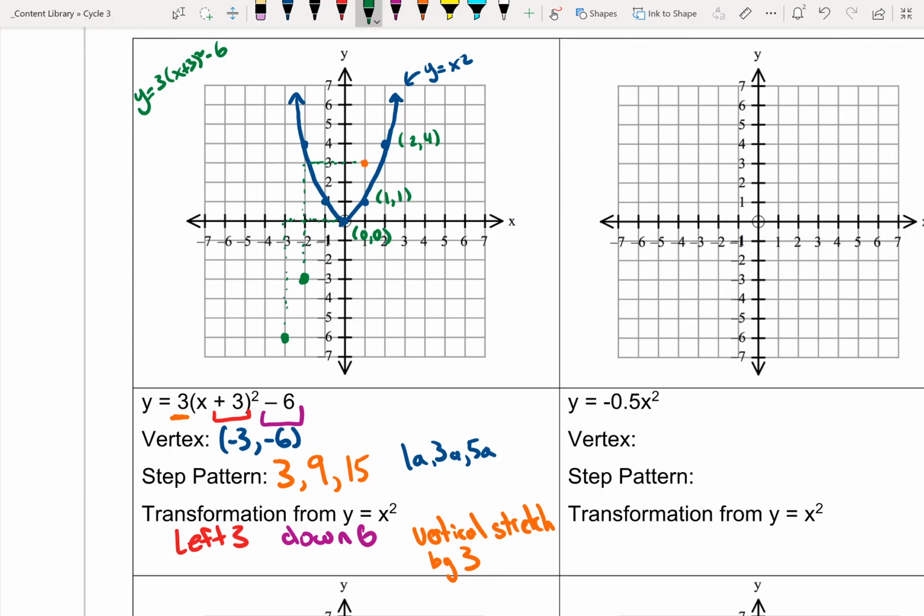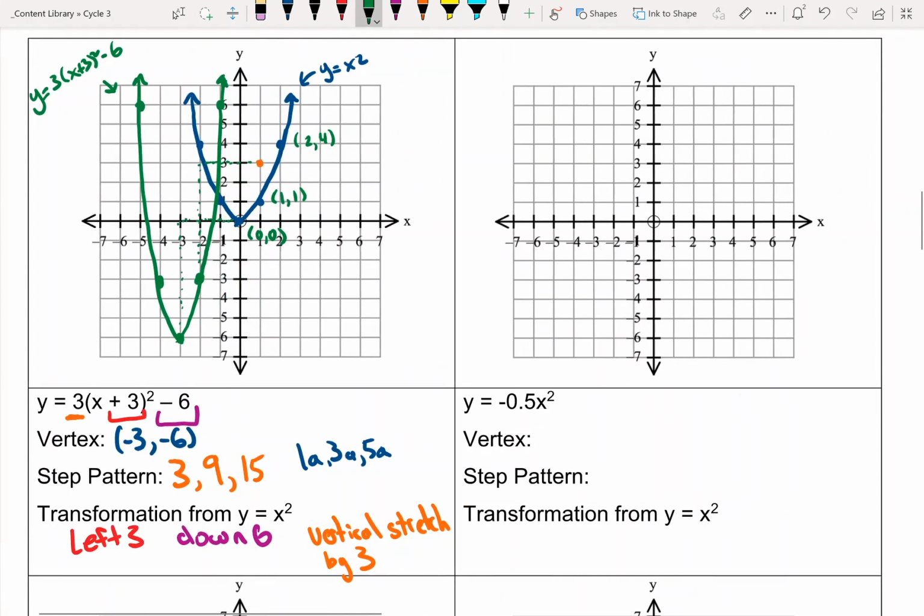But when I come back and draw it after moving it, it would end up being here. So sometimes it's easier just to understand what the step pattern is and know how to draw it starting from the vertex. If you can apply where your vertex is, then use your step pattern for the over, in this case over 1 up 3, over 1 up 9, over 1 up 15. It makes it easier to draw in the transformation.